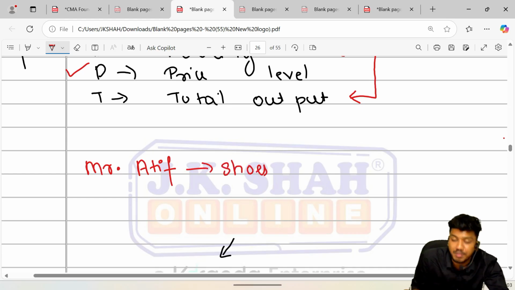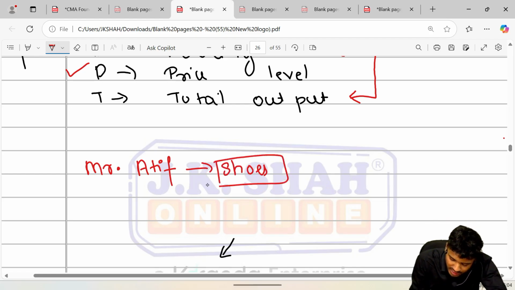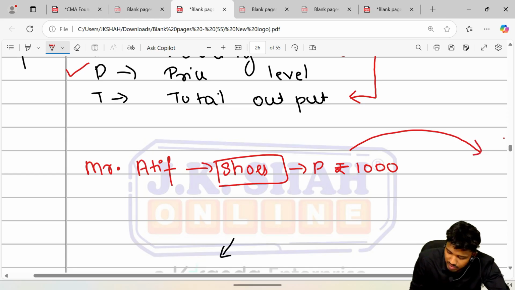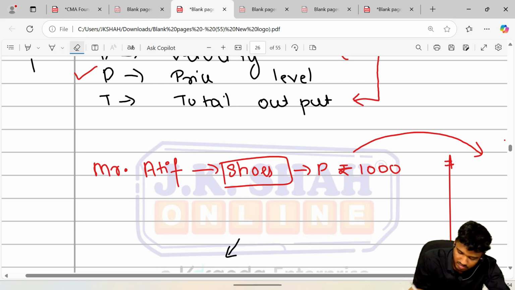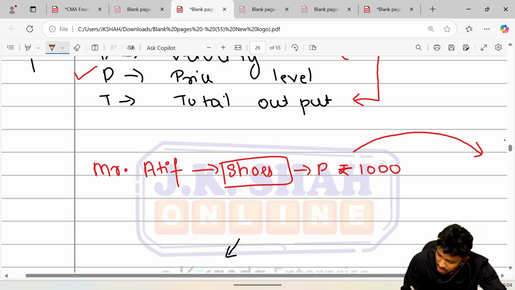The price of shoes previously was 1000 rupees. Now it has been raised to rupees 5000.